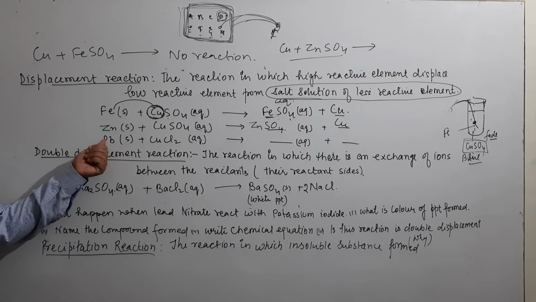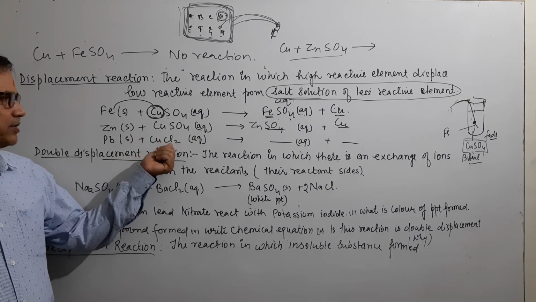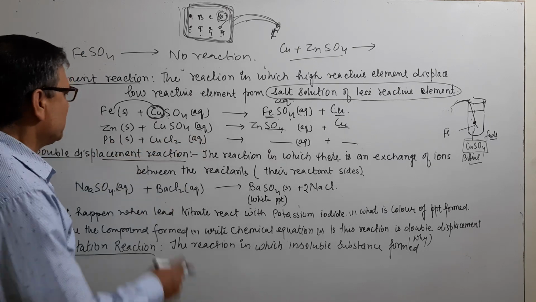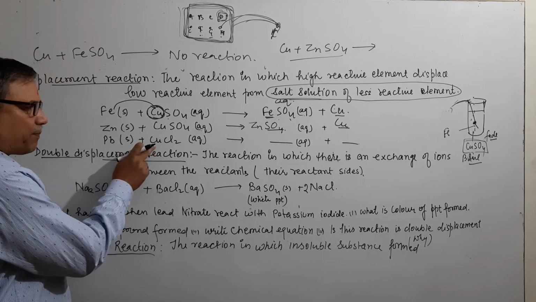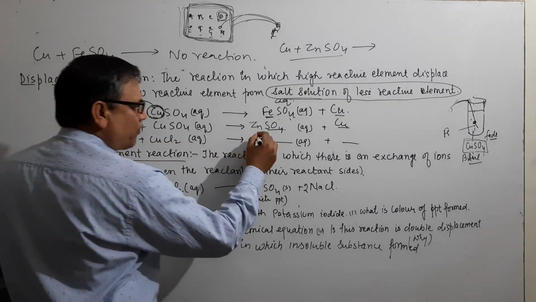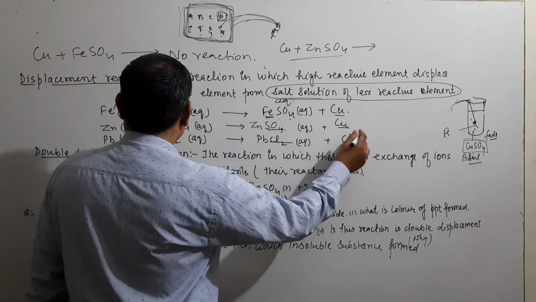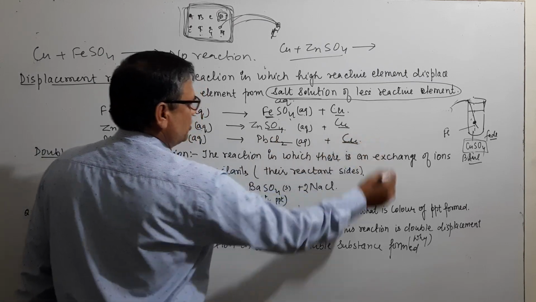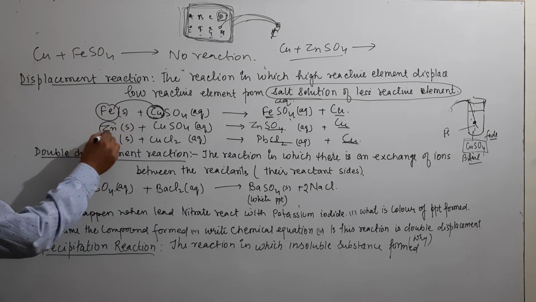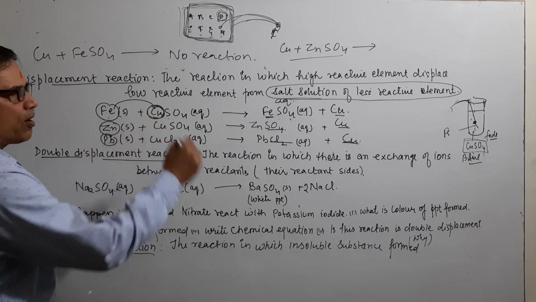Similarly, Pb, lead, when it reacts with copper chloride, CuCl2, then what will happen? This lead displaces copper from its compound, then it forms PbCl2 plus Cu. In this way we can say iron, zinc and lead are all more reactive than copper.